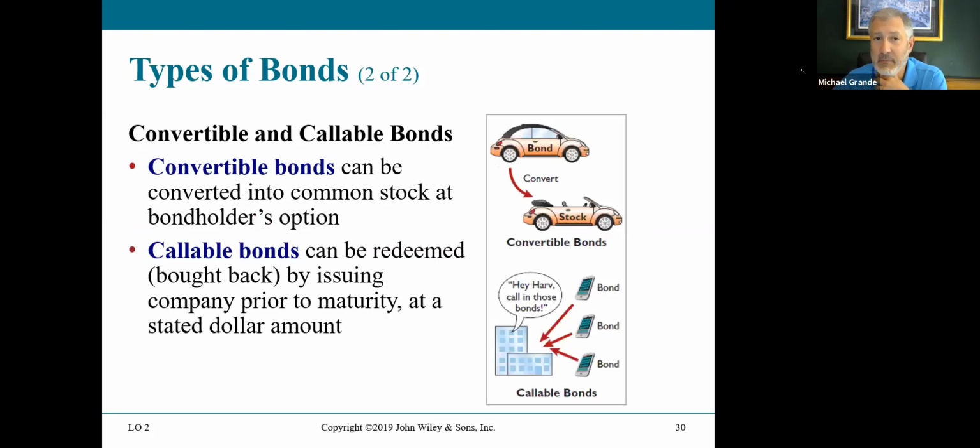Convertible and callable bonds. Convertible bonds can be converted into common stock at the bondholder's option. A callable bond can be redeemed by the issuing company prior to maturity at a stated dollar amount. Convertible versus callable.